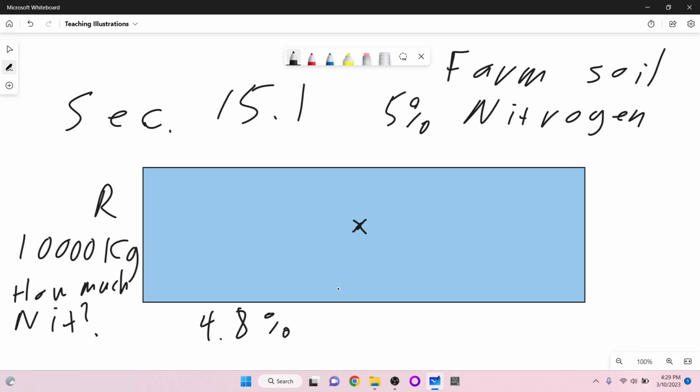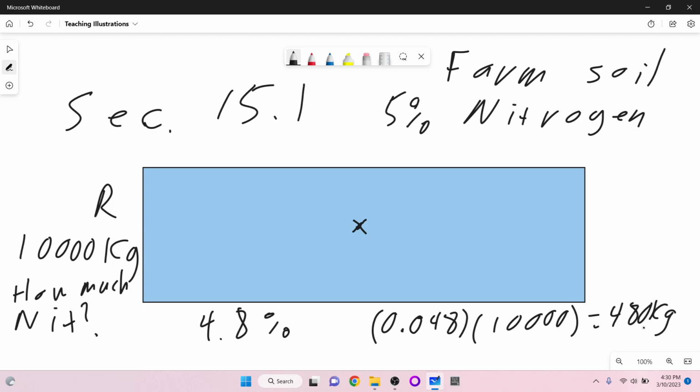Well, in that case, the total amount would be 0.048 times 10,000, or 480 kilograms. Simple enough. Now, how would we get a better estimate? Because it might be that this one piece is really not representative.